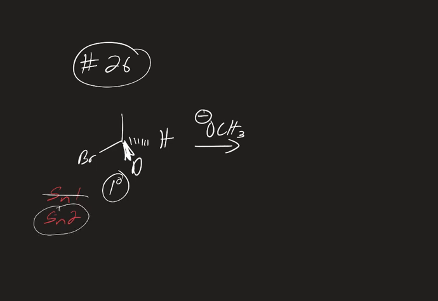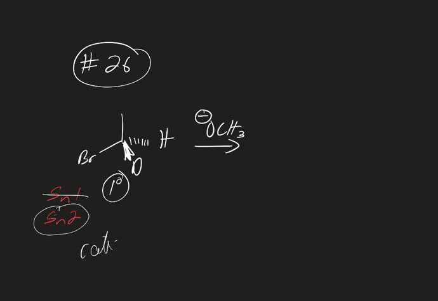SN2 has how many steps? One step. How many arrows? 2 arrows. So you know that already, just boom in your head before you even look at this. If you take a look at the nucleophile, is it reactive? Yes. Do we want a reactive nucleophile in an SN2 reaction? What's the rate law in an SN2 reaction?